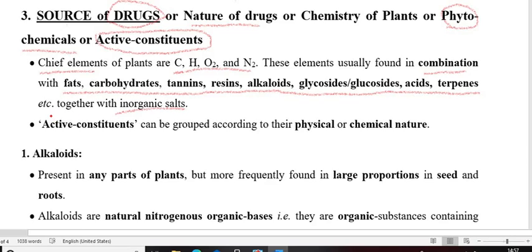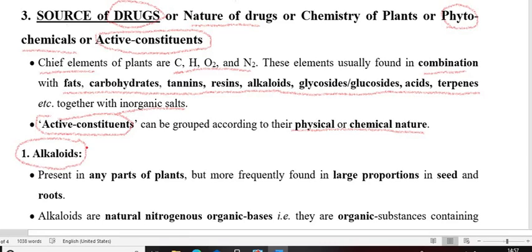So this active constituent has been grouped on the basis of their physical and chemical property. So in this, the first most important source of drug or active constituent is alkaloid.